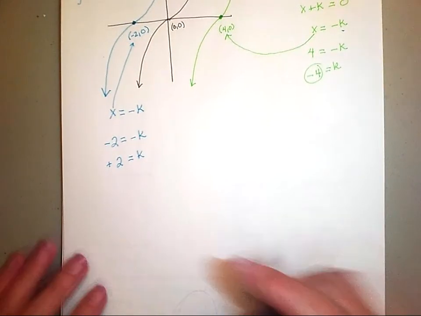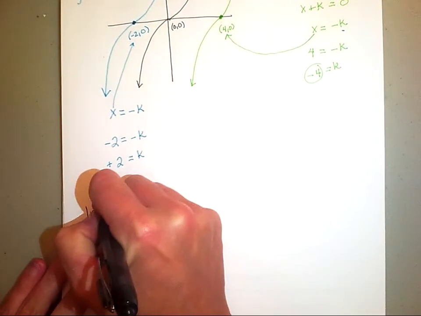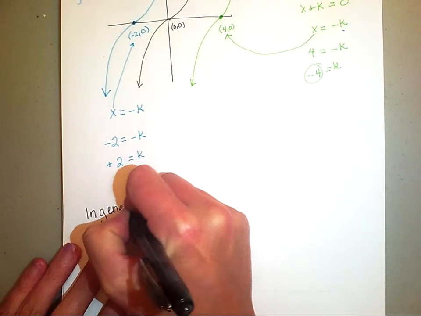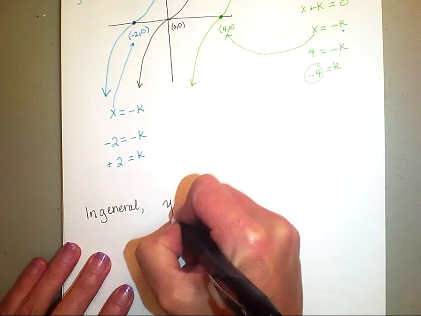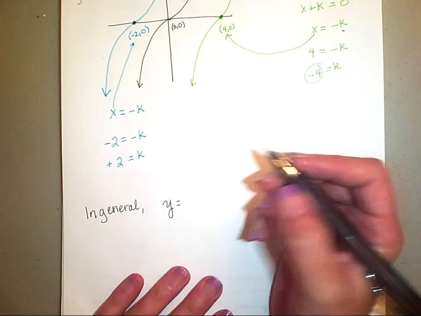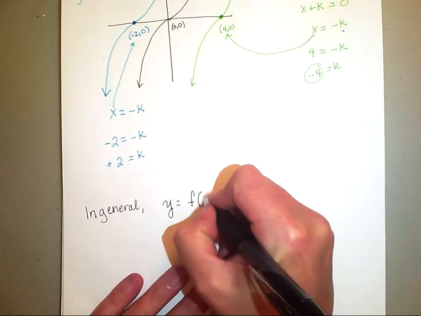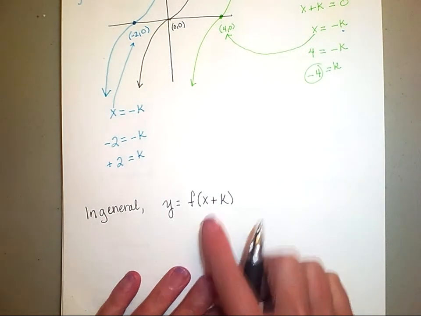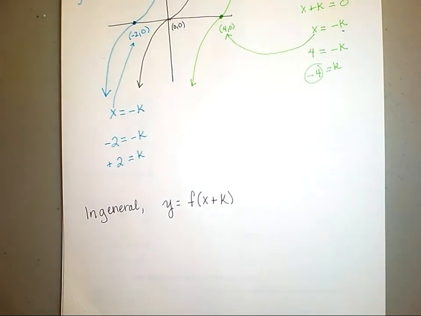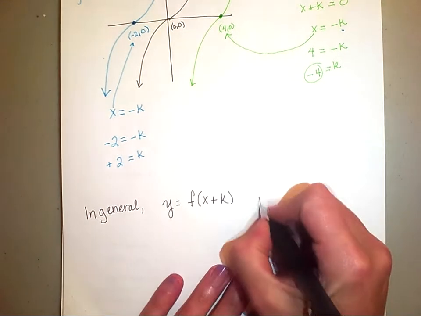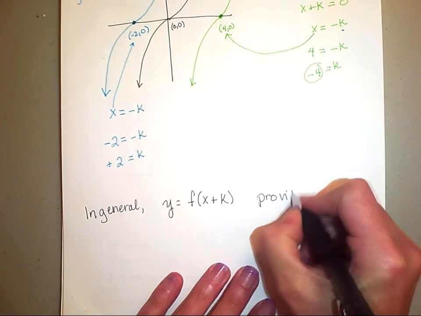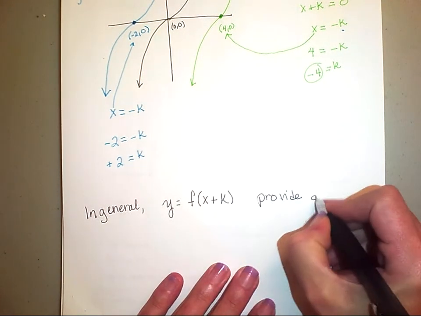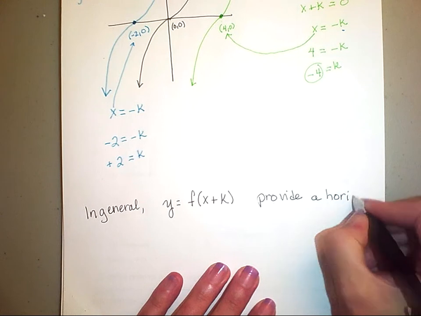So what that means in general then is, let's say we have some function, y is equal to a function, but now we've changed the x value inside that parent function. In this one we just used x cubed. Okay. This will provide a horizontal shift.